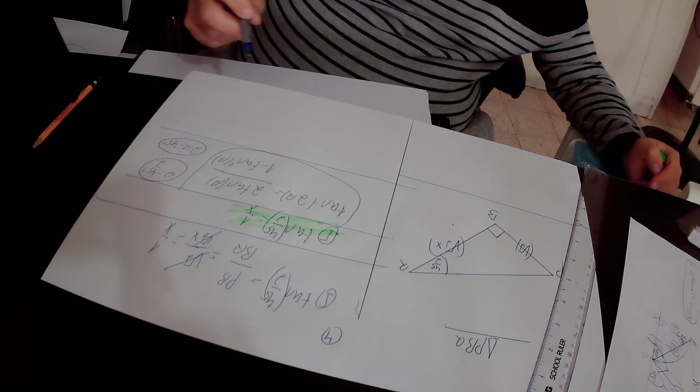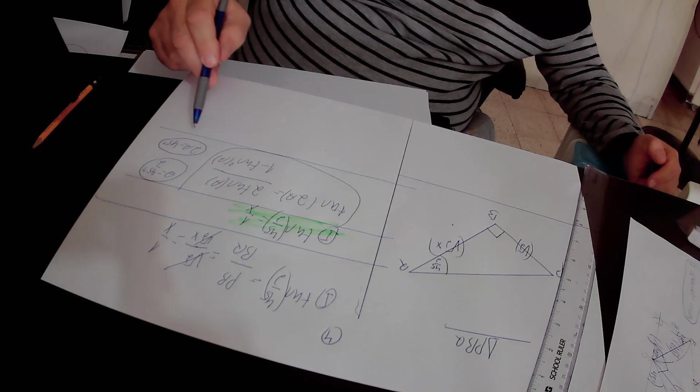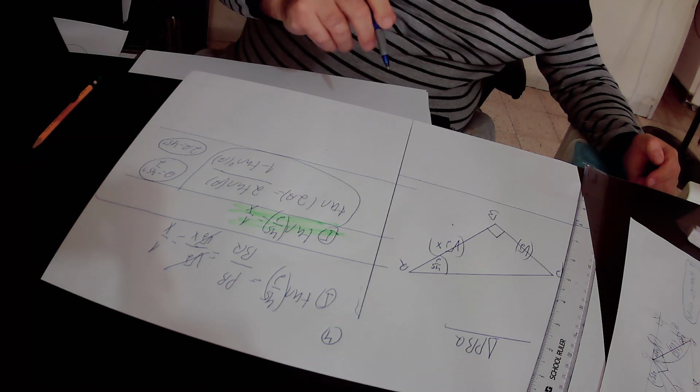Now we'll substitute theta in this trigonometric identity by 45 over 2 degrees, and 2 theta by 45 degrees.